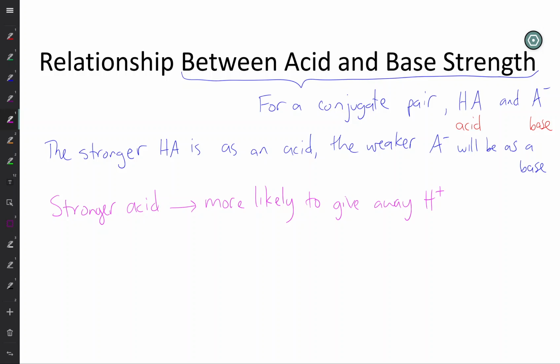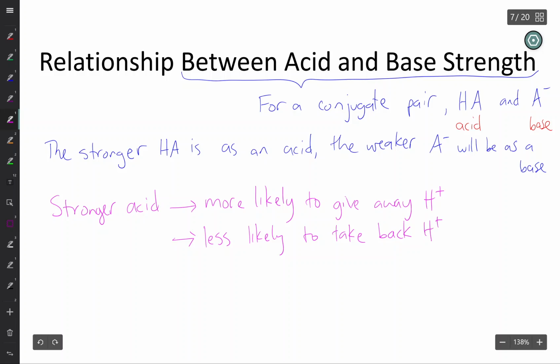Something that's really willing to give up H plus is less likely to take it back. So whenever we're talking about base strength, we usually compare it to its conjugate acid. And the stronger the acid, the weaker the conjugate base.